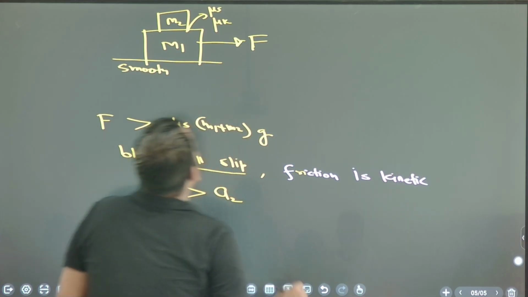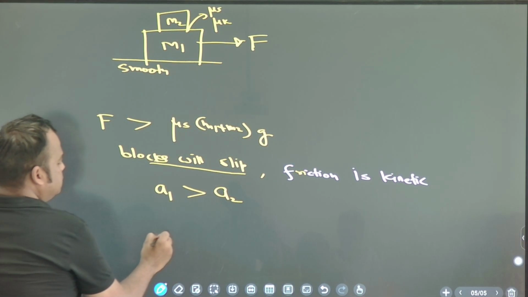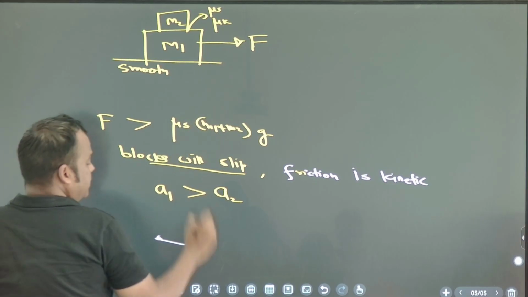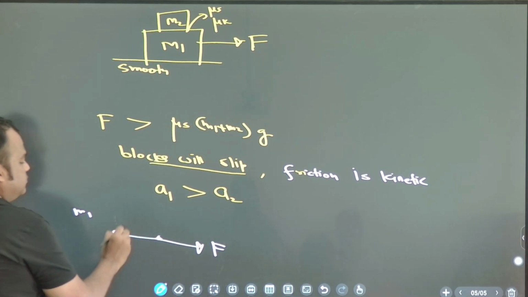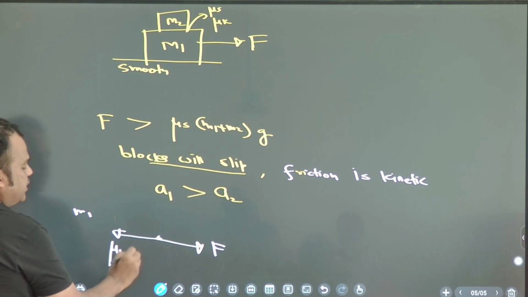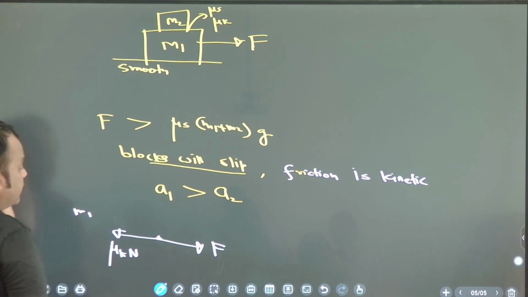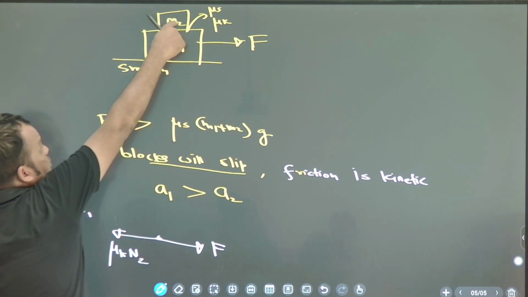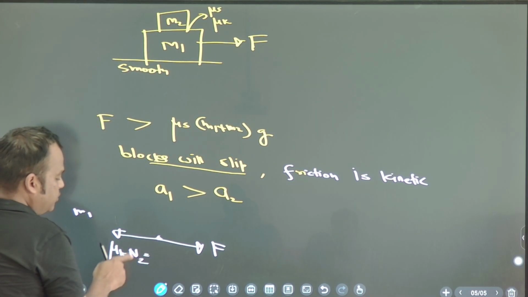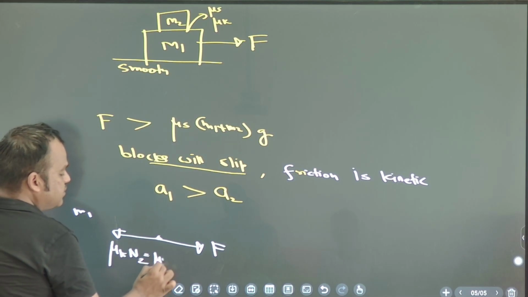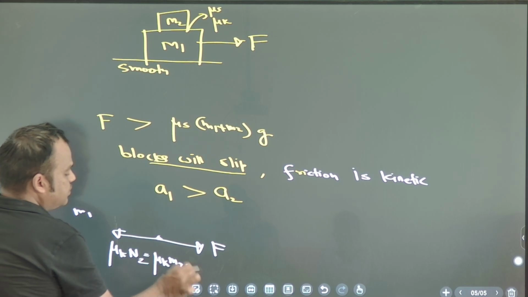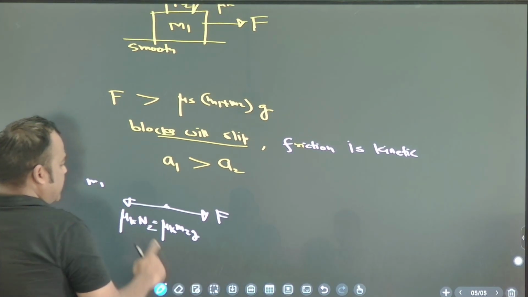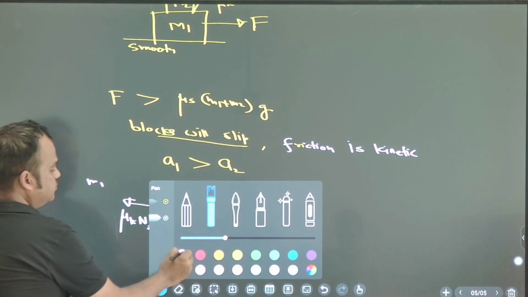So for M1, what do you draw? For M1, on the right side capital F, on the left side mu K N2, and N2 value is M2G. So this is mu K M2G. Understood? What is the acceleration for M1?